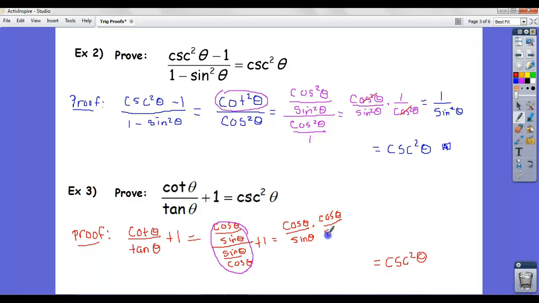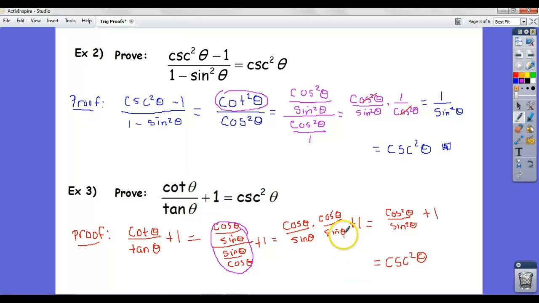Multiply by the reciprocal. Plus 1. And now, these are just two fractions. I'm going to multiply them together. I'm going to get cosine squared over sine squared plus 1. And now what?